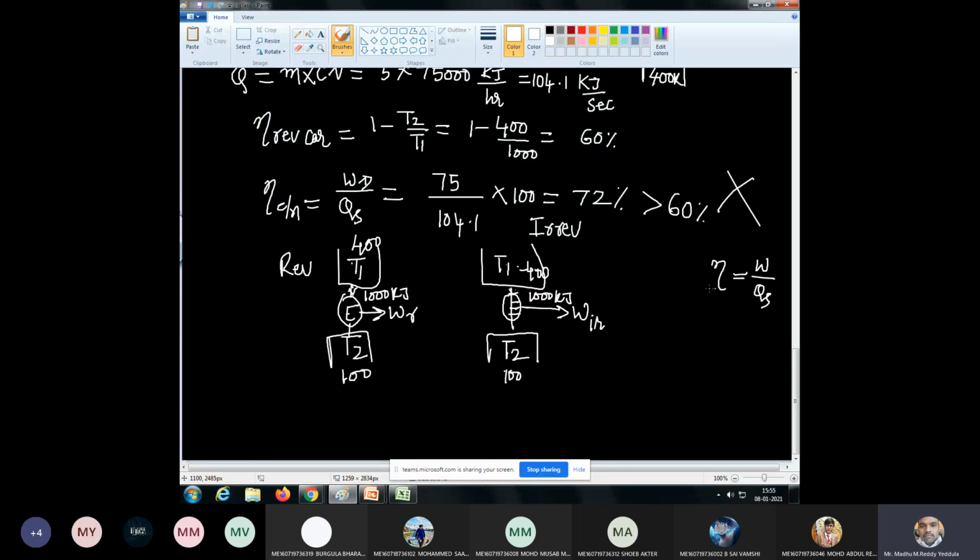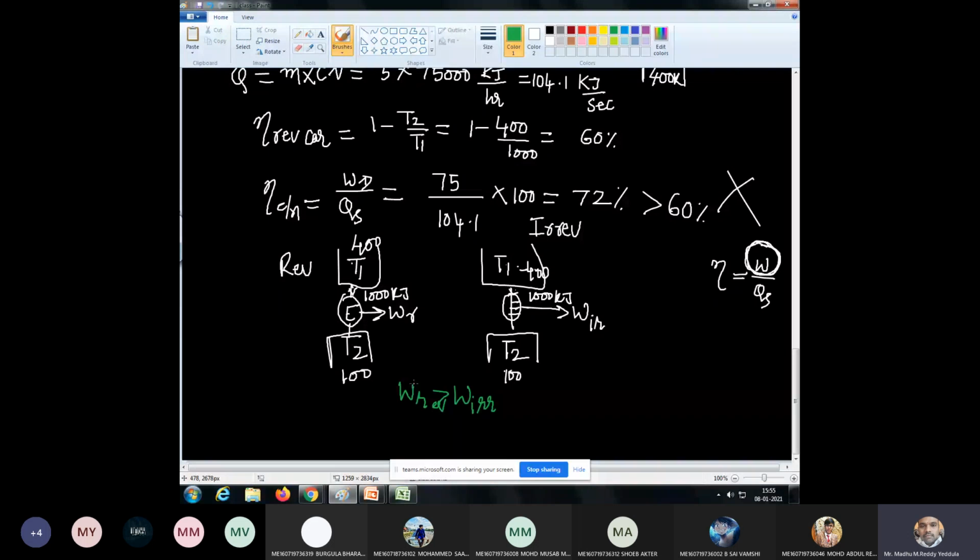So in order to get more efficiency, work done should also be more. If work done is more, efficiency is more. Agree? Very important concept. According to the Carnot theorem, W reversible should be greater than W irreversible.